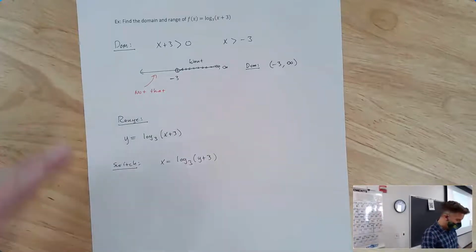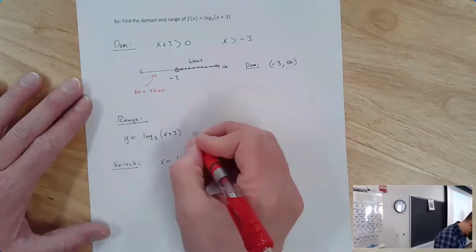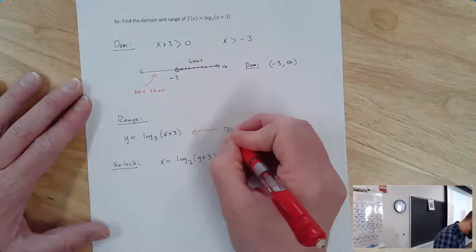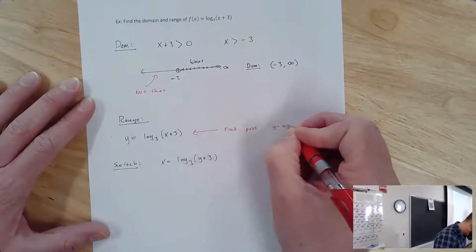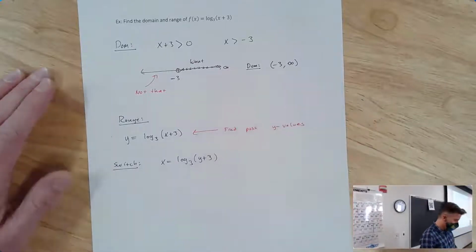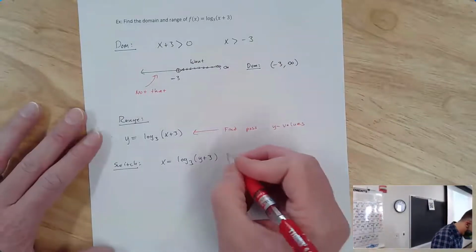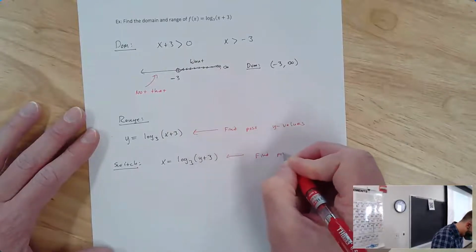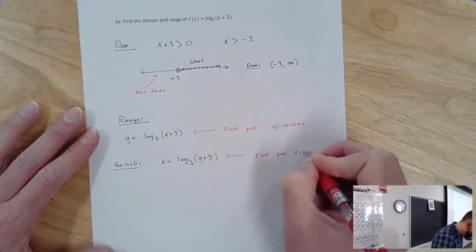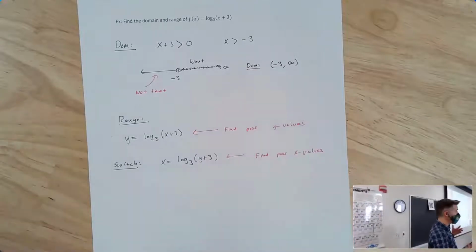Here I was trying to find the range, which means I was trying to find the possible y values. But now that I've switched x and y, I'm trying to find the possible x values. Meaning I'm going to be finding the domain of this new inverse function.